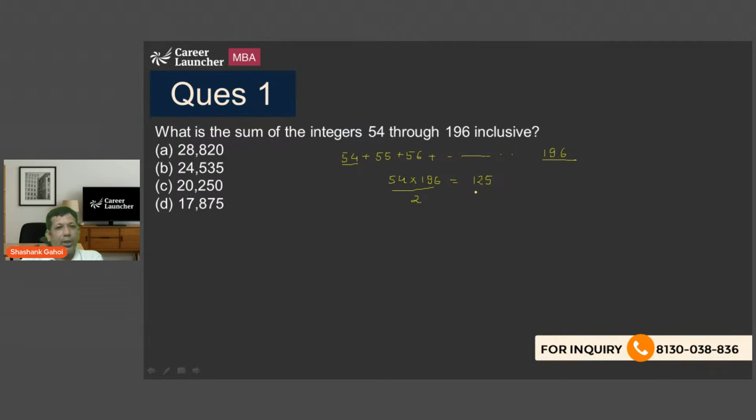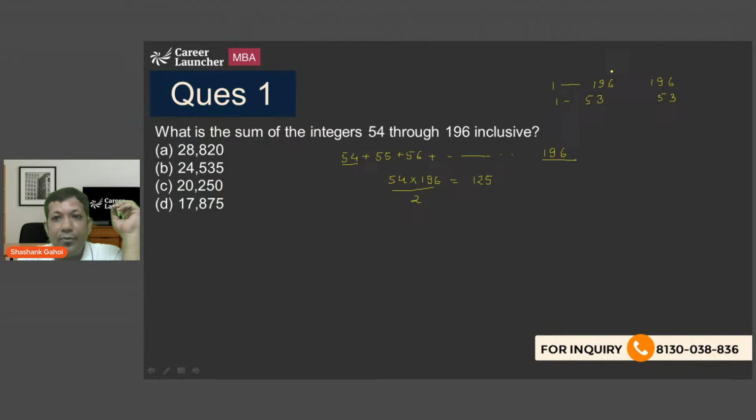Now, if I'm looking for the sum, I have the average, but I also need the number of terms. So how will I get the number of terms? From 1 to 196, how many numbers are there? 196 numbers. From 1 to 53, how many numbers are there? 53 numbers.